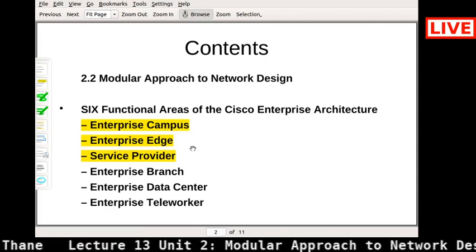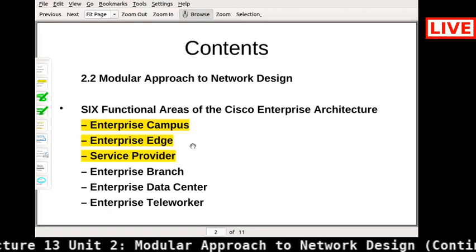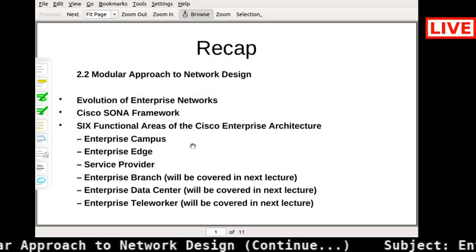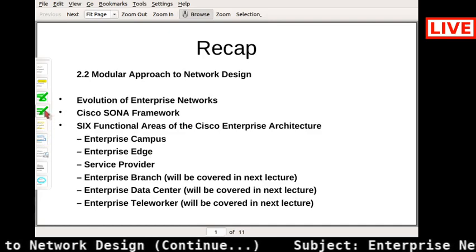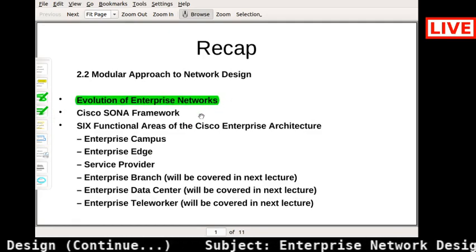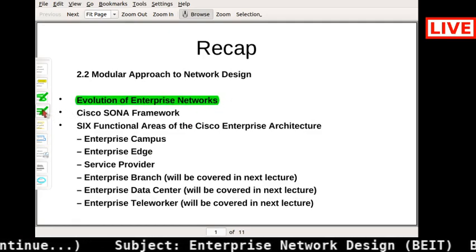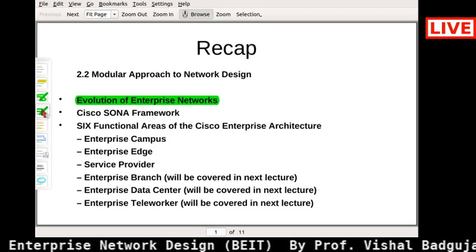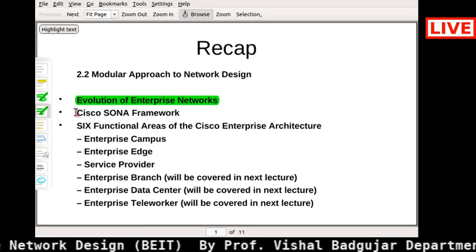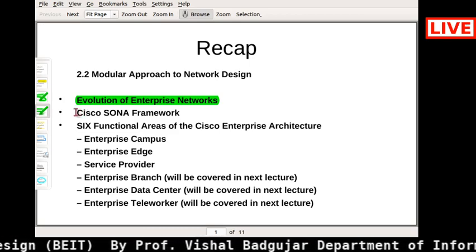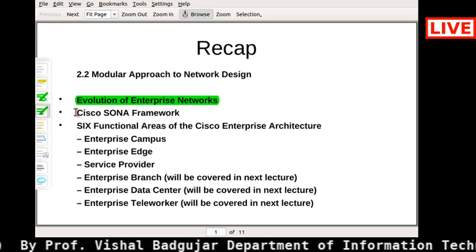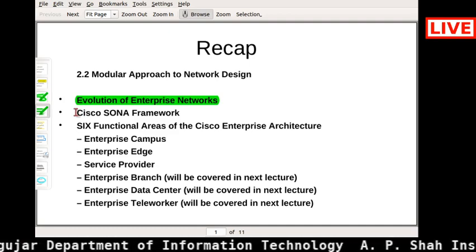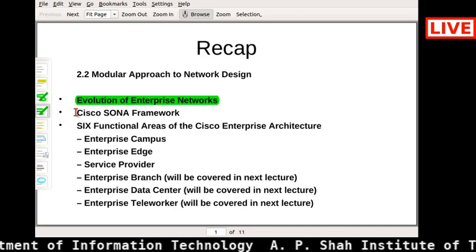So what we have seen, that is six functional areas, right? In the last lecture, we discussed the evolution of the enterprise network, how Cisco entered into the enterprise network, and how this hierarchical layer can be used efficiently by dividing the enterprise network into six functional areas.